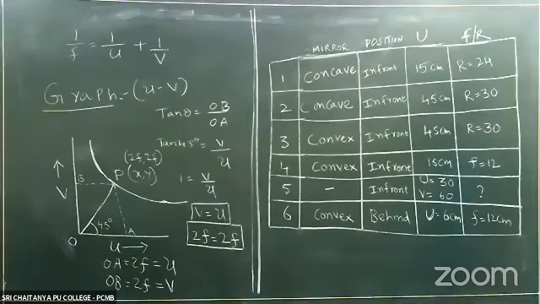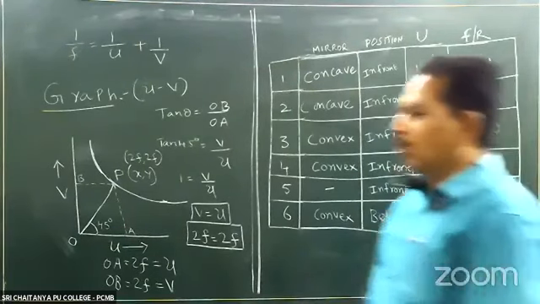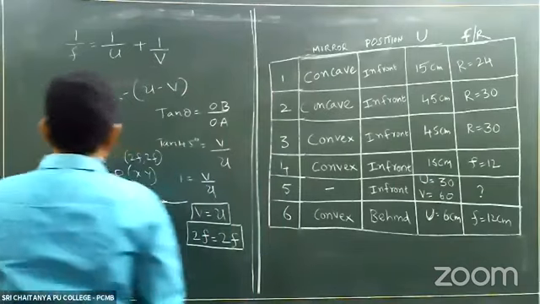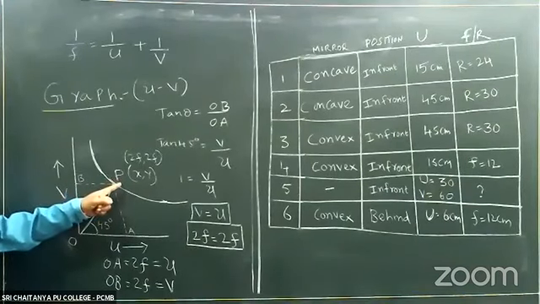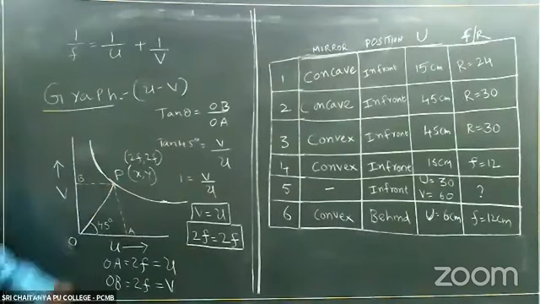The nature of the graph is a rectangular hyperbola. Draw a perpendicular bisector from the point O onto the obtained curve. Let it intersect at point P. If I know the coordinates of point P, it is easy for me to calculate the focal length of the given mirror by using the UV graph method.